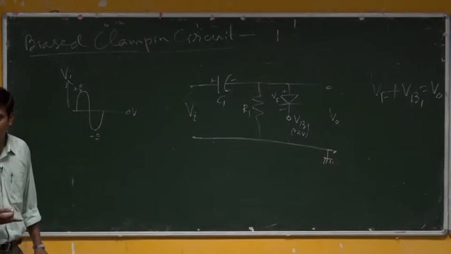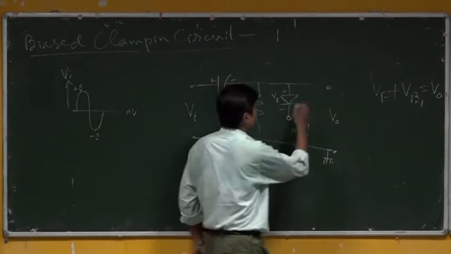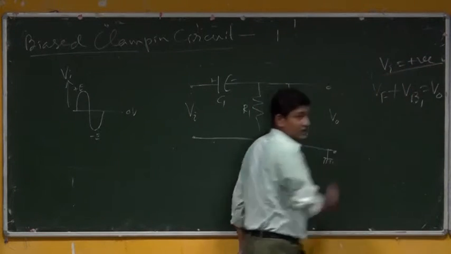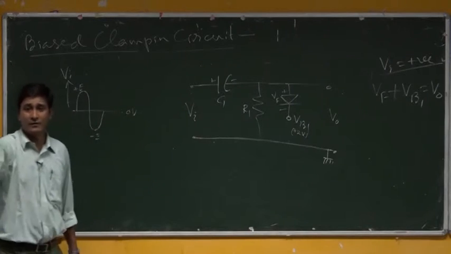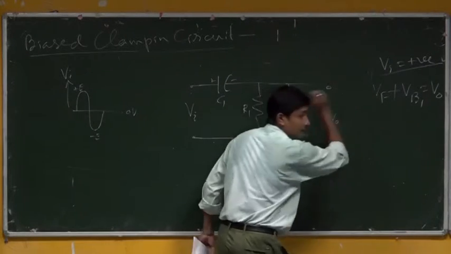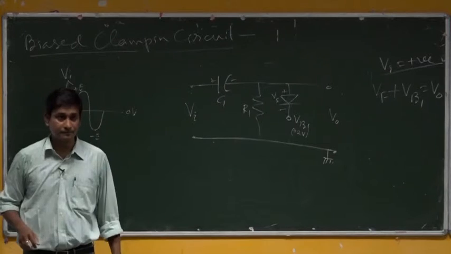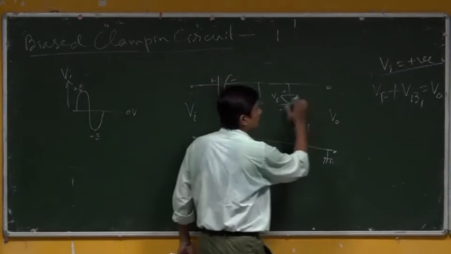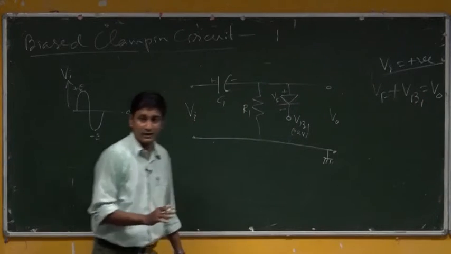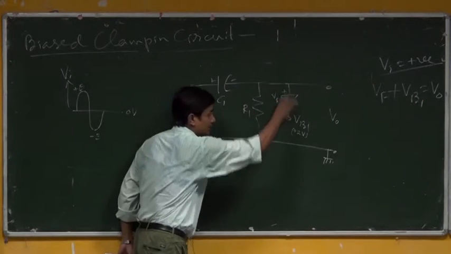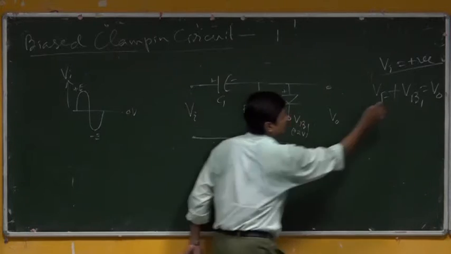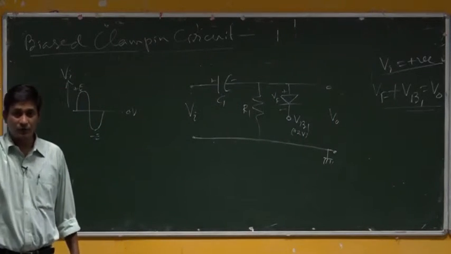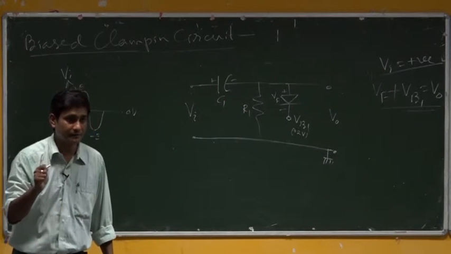When the diode is forward biased or the Vi is a positive potential which is quite above Vf is applied, say. Input potential, if it is applied beyond this, then this will conduct and the potential will become Vf plus V1, which will be the output, which is the limit at which the clamping will happen.